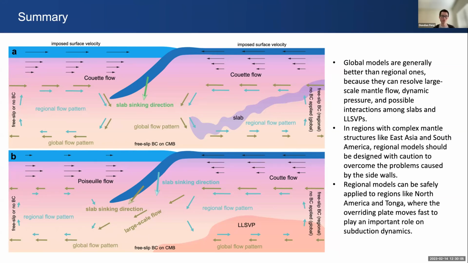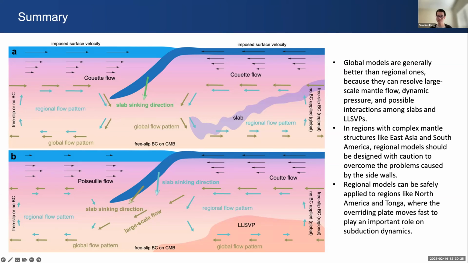For regions with very complex subduction history, like East Asia, it's best to use global models because regional models cannot take care of the subduction outside of the box, and they cannot generate the global scale flow as in global models.